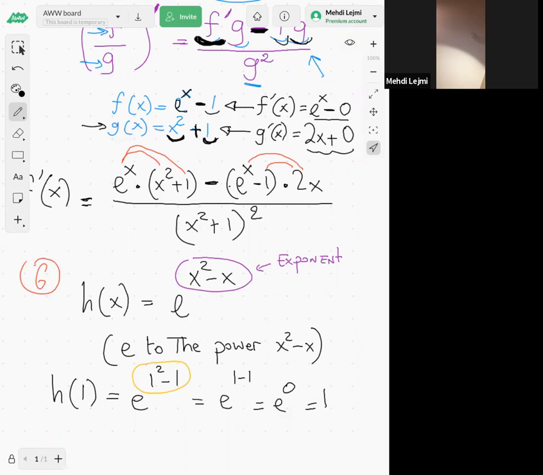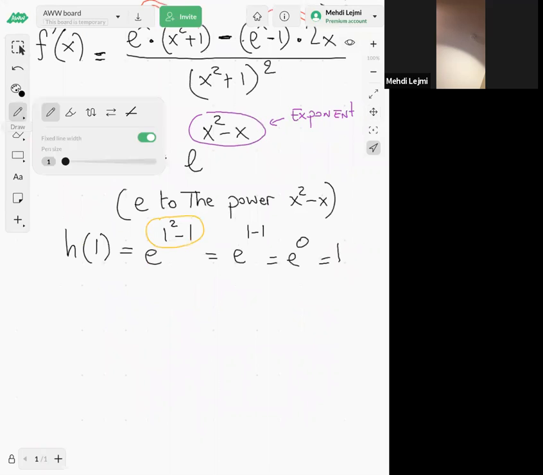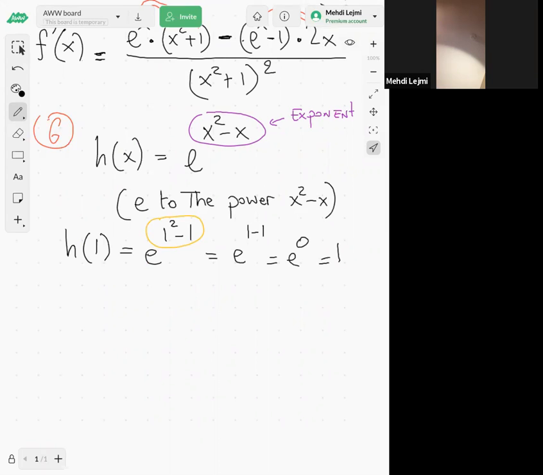Anyway, my point is this x squared minus x, that's my power, right? Now the question is, of course... Why do you try to find h of 1? No, I'm just trying to give an example.